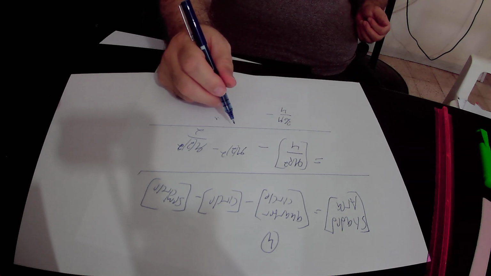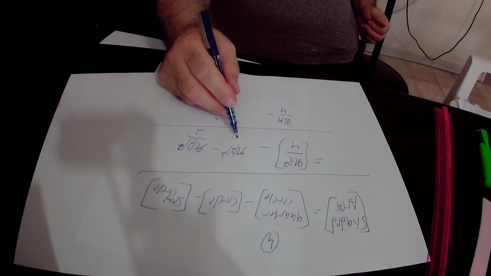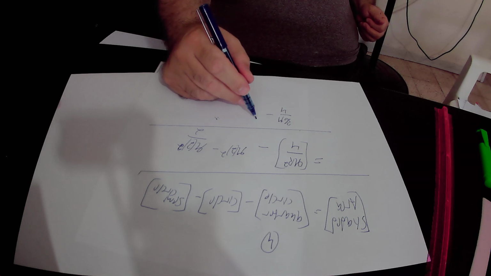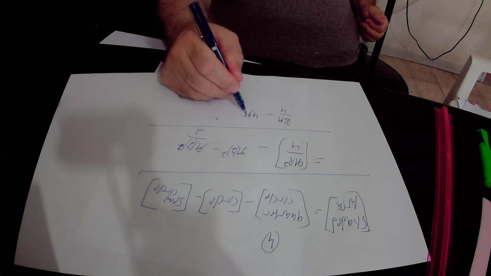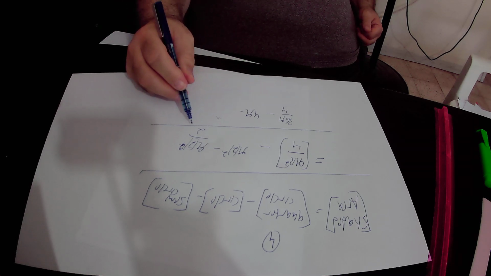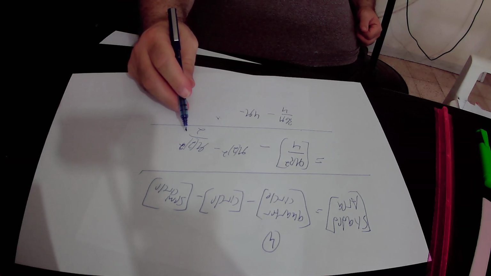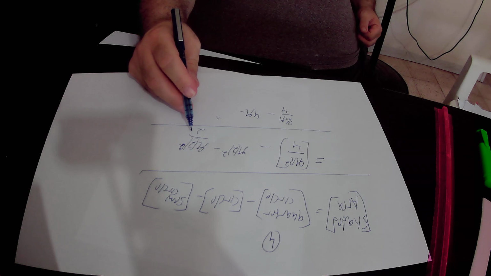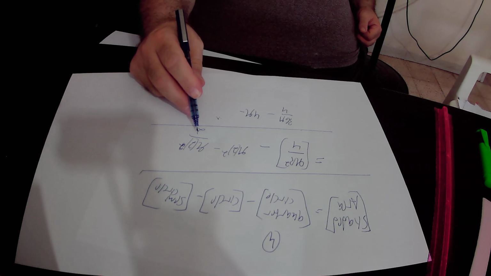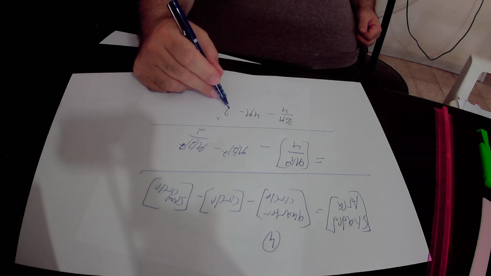2 square is 4, so in total this expression equals 4 pi, so it is minus 4 pi, and in this expression here 2 square is 4, 4 times pi is 4 pi, and 4 pi over 2 is 2 pi.